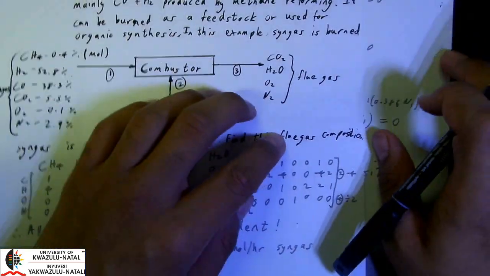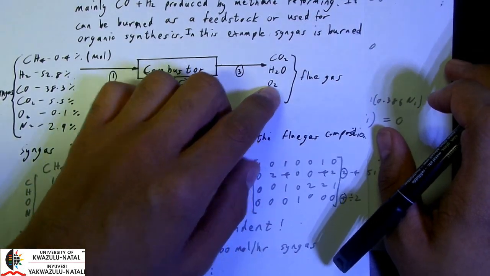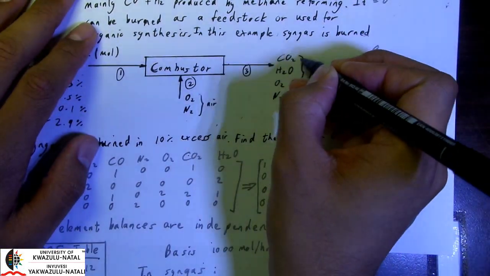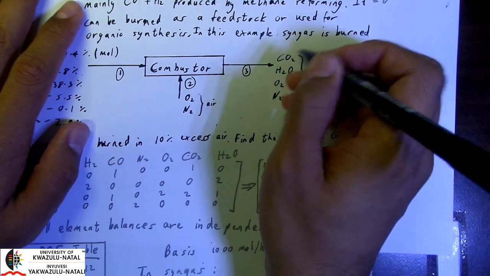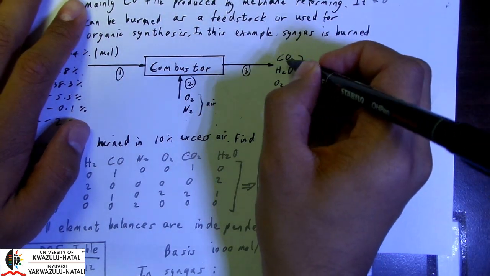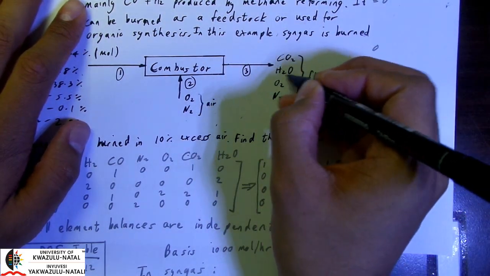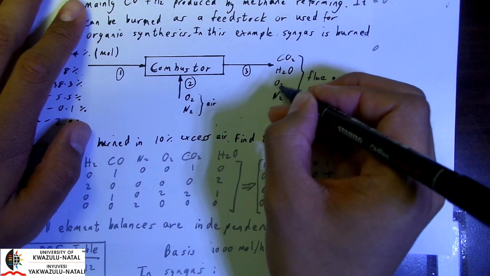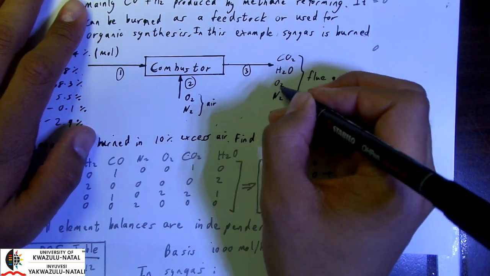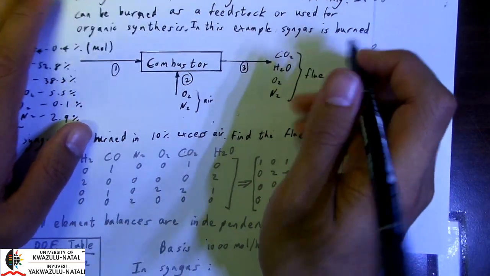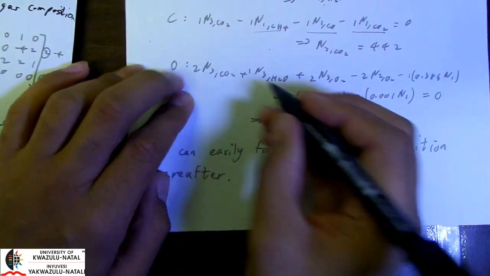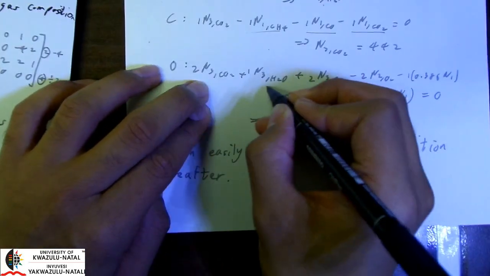So let's count the oxygen in stream 3. So that will be 2 times N3 of CO2 plus 1 times N3 of H2O plus 2 times N3 of oxygen gas. Okay, so here it is.